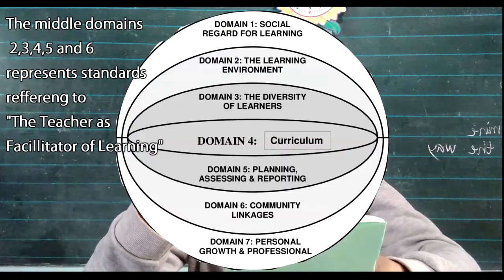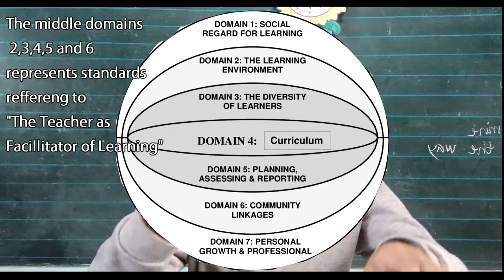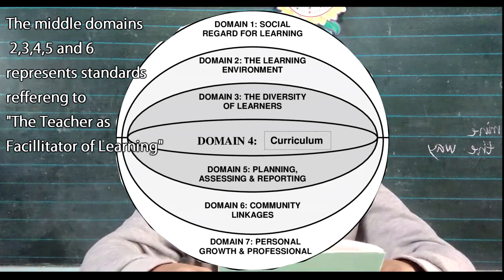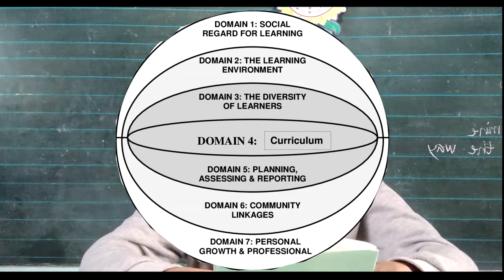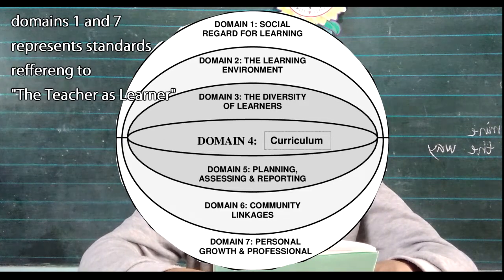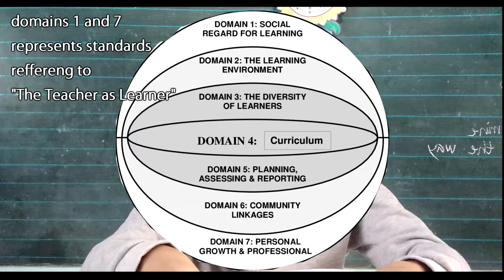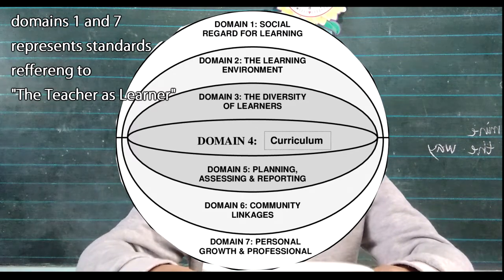The middle domains, 2, 3, 4, 5, and 6, represent standards reflecting the teacher as facilitator of learning. Whereas the two outer domains, 1 and 7, are for personal growth and professional development.